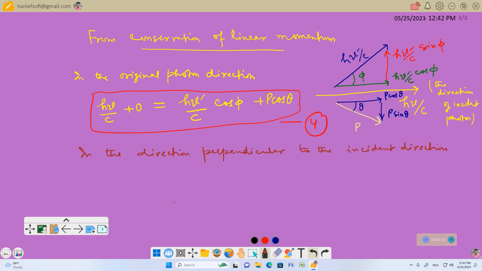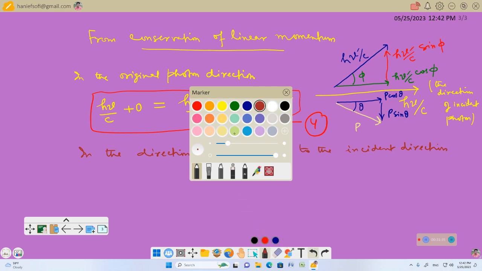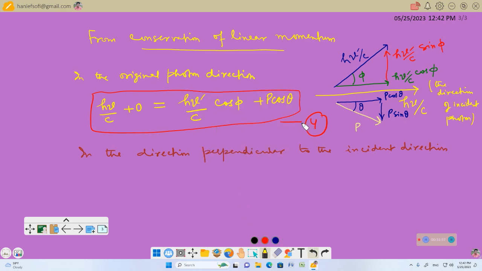What is the initial momentum of the system? That is zero, because the electron is at rest and the photon is moving in this direction, so it has no momentum in the perpendicular direction. What is the momentum of the scattered photon in the perpendicular direction?